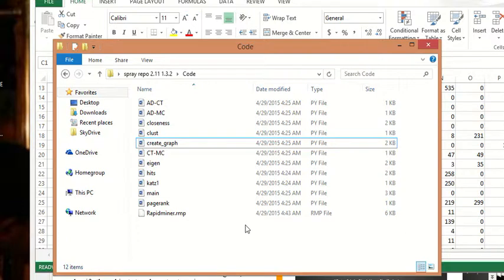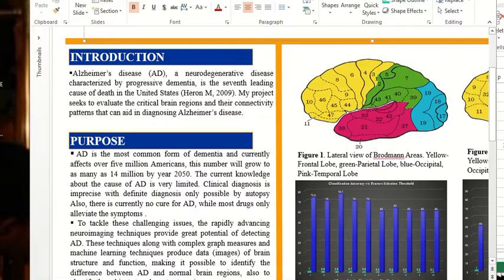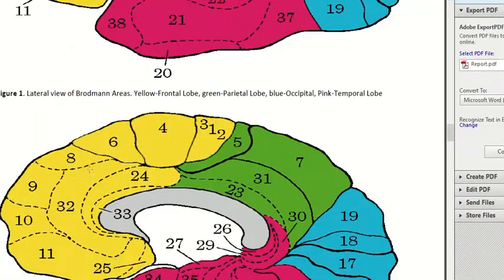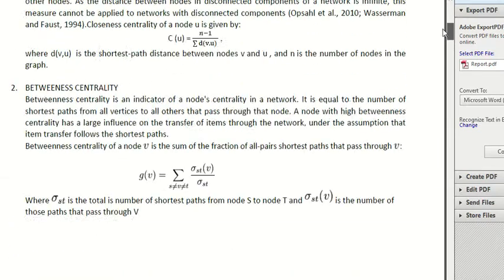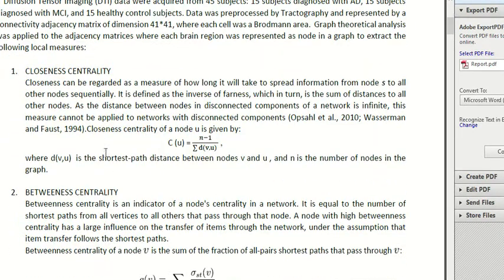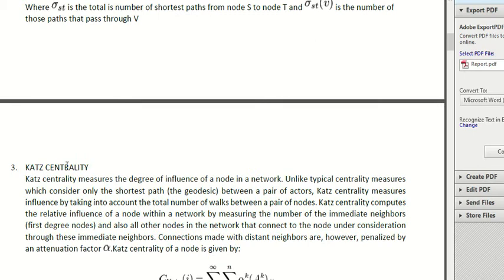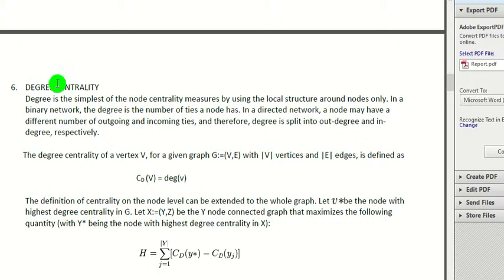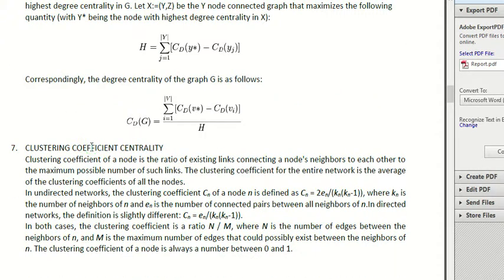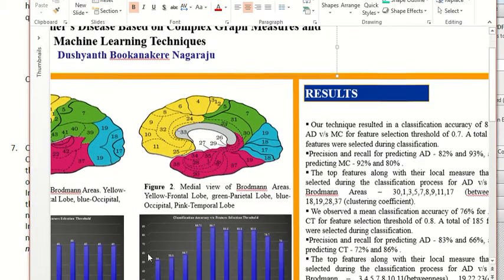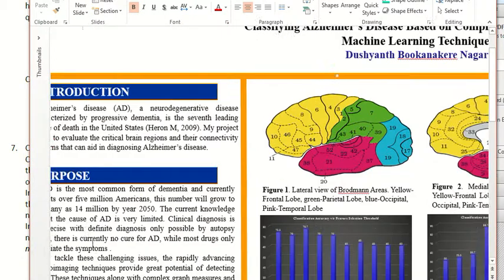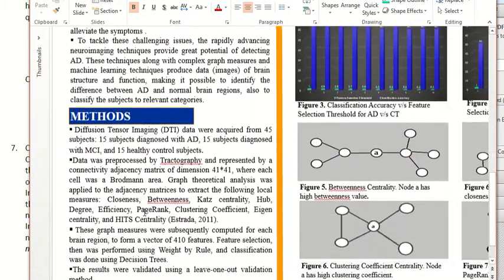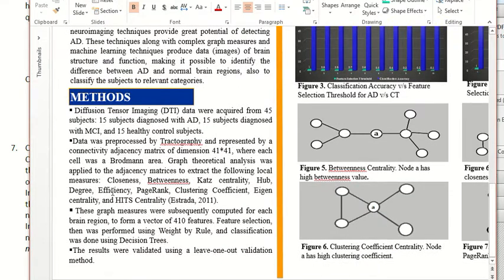I used 10 different centrality measures: closeness centrality, betweenness centrality, Katz centrality, eigenvector centrality, degree centrality, clustering coefficient, PageRank centrality, and hub centrality.